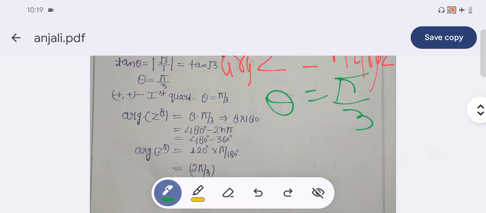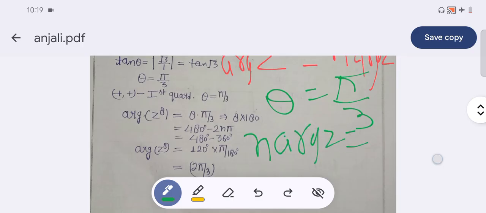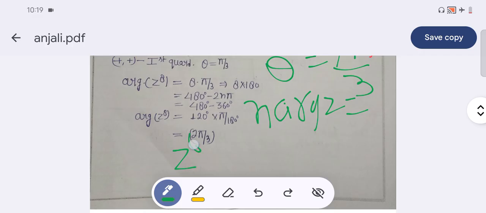Then we solve next for the argument of z to the power 8. What is the value of n? When we compare with z to the power n, n is equal to 8.